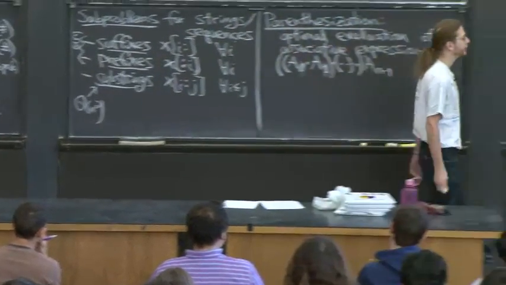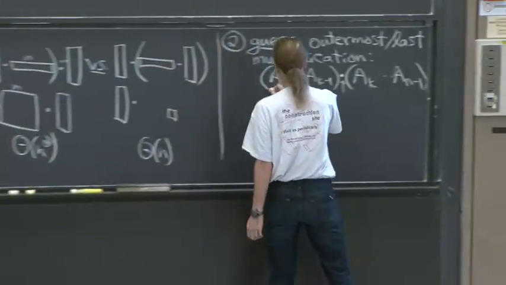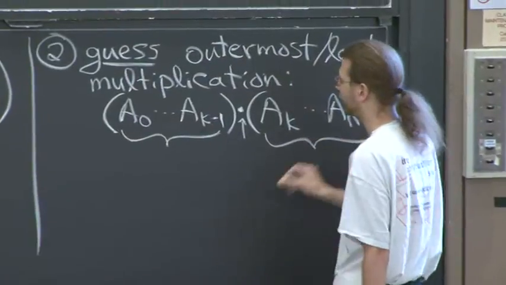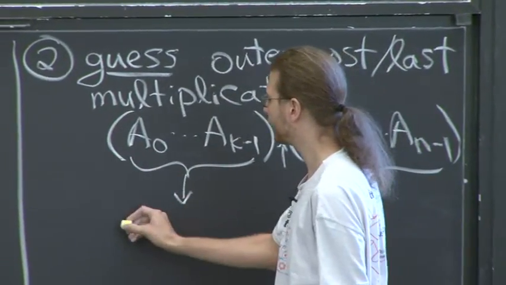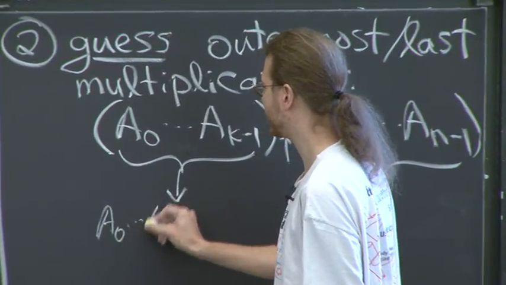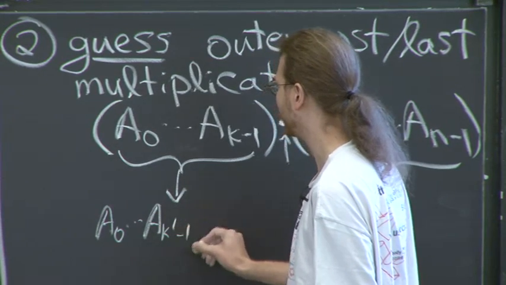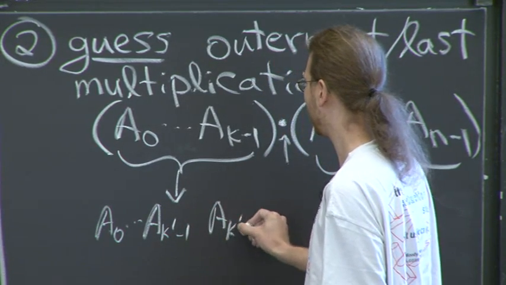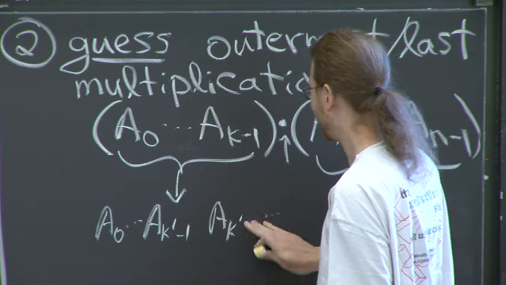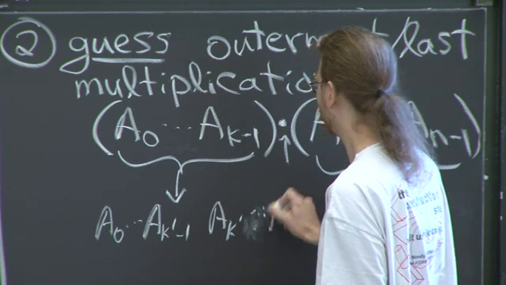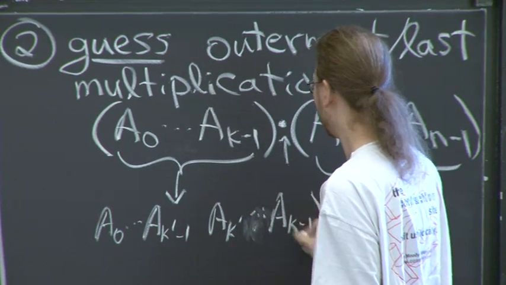Yeah. The very next thing we're going to do is recurse on this subproblem, recurse on this subproblem. When we recurse here, we're going to split it into a0 to ak prime minus 1 and ak prime to ak minus 1.